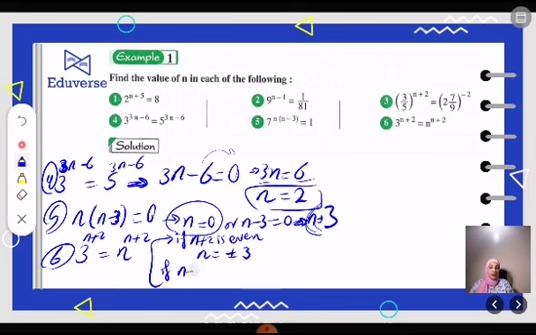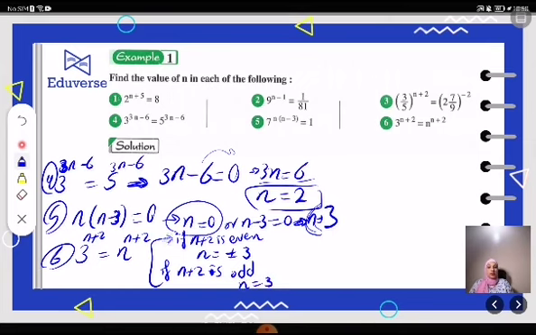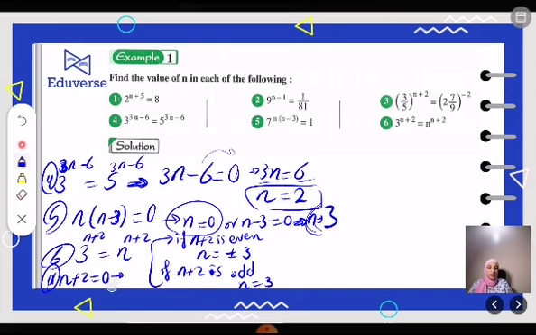And if n plus 2 is odd, we will say that just n equals 3. But if n doesn't equal 3, I will just easily say that maybe n plus 2 equals 0. That means n equals negative 2. These are the 3 solutions we can find here.